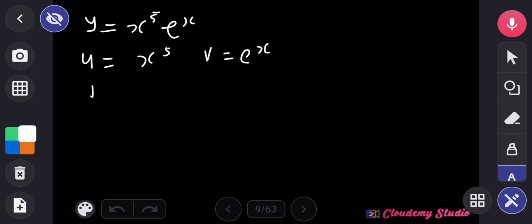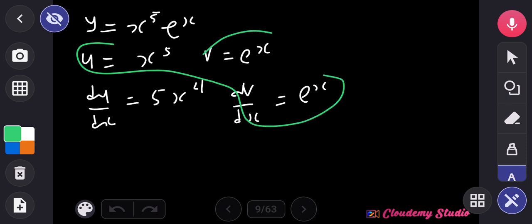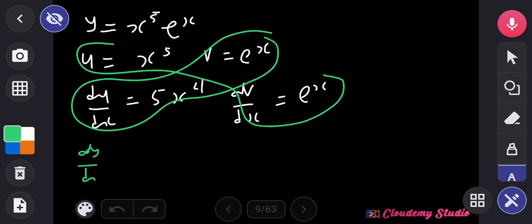Our du upon dx equals 5x to the power 4, and our dv upon dx equals still exponential x. So what's the next thing we can do? Just multiply u with dv and multiply v with du. As simple as that. So we're going to have dy upon dx equals x to the power 5 exponential x plus 5x to the power 4 exponential x.